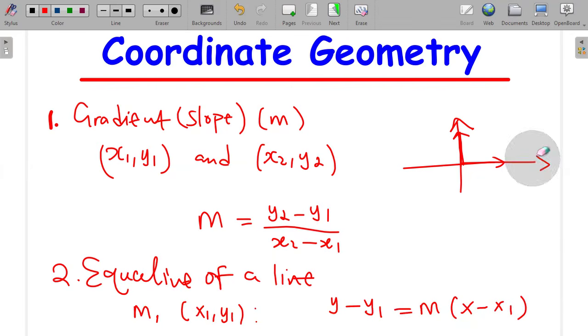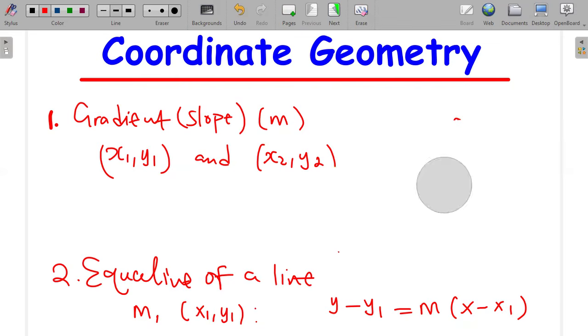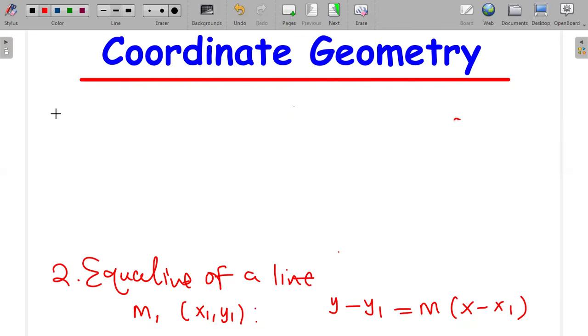You can also find the equation of a line if you have 2 points. So let's say x1, y1, and then another point, x2, y2. You can still find the equation of a line through this. It's just going to be y minus y1. You can choose any of the points that you want, but just to be consistent, I'll choose this point.